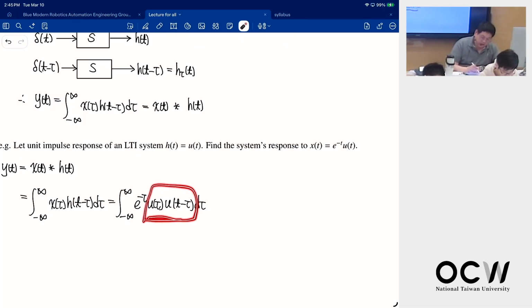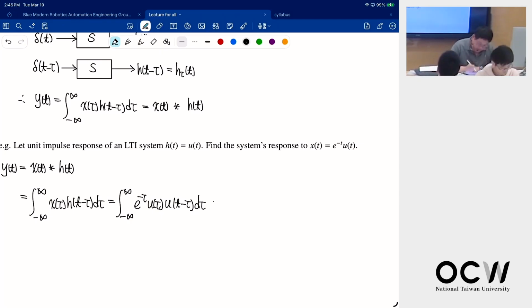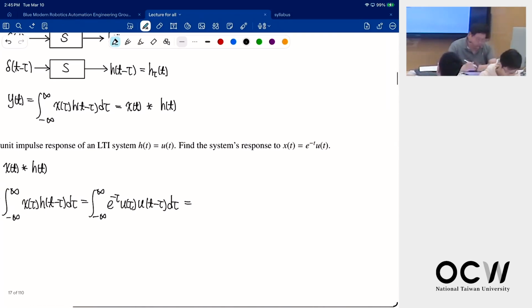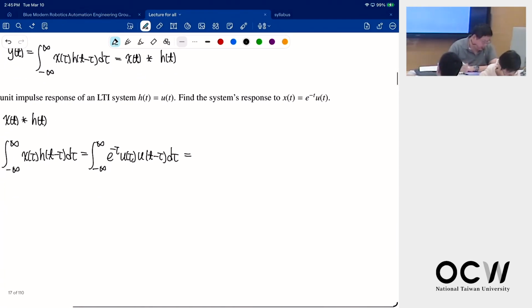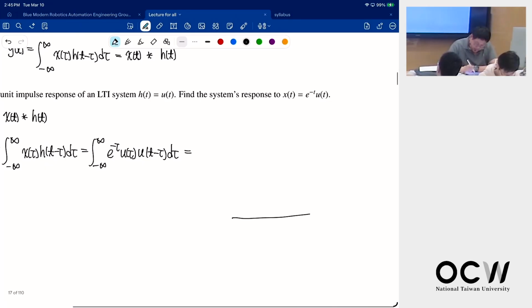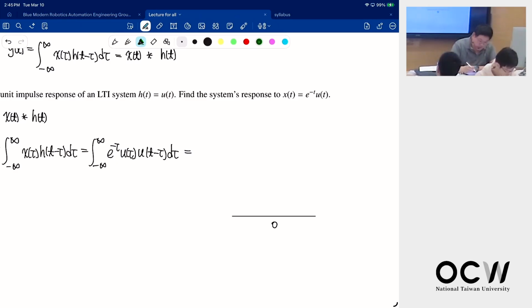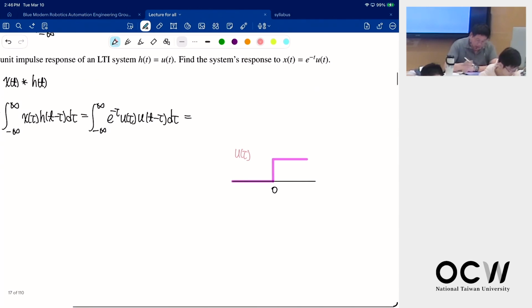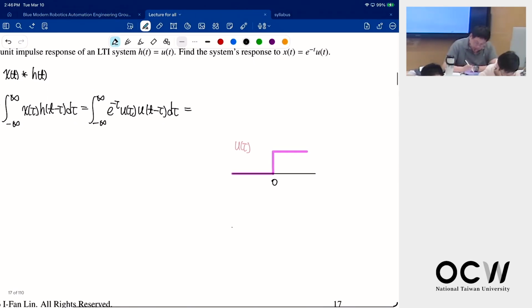Again, we need to deal with this term. So let's see. Here is 0, and what is u of tau? The unit step function u of tau. And what is the u of minus tau?